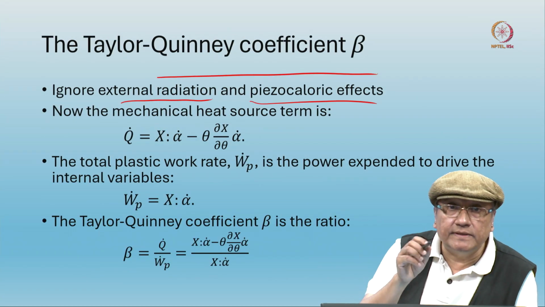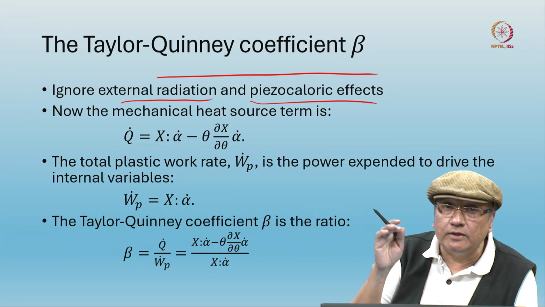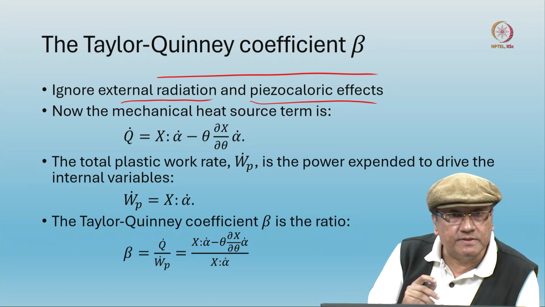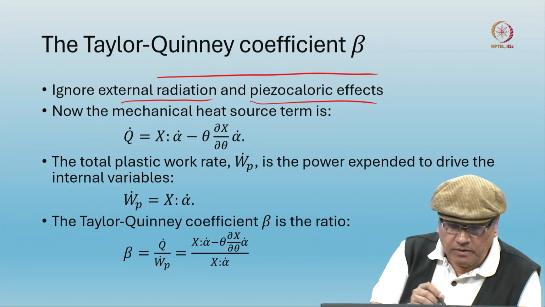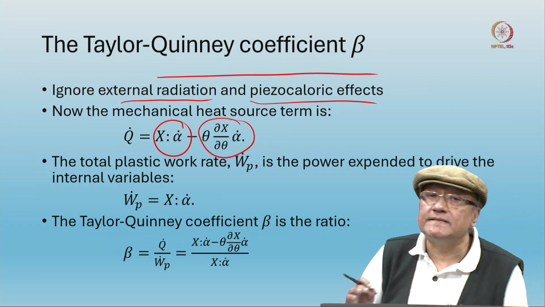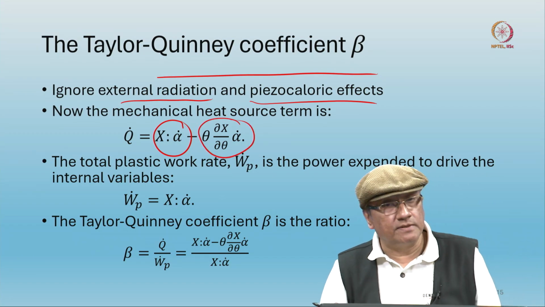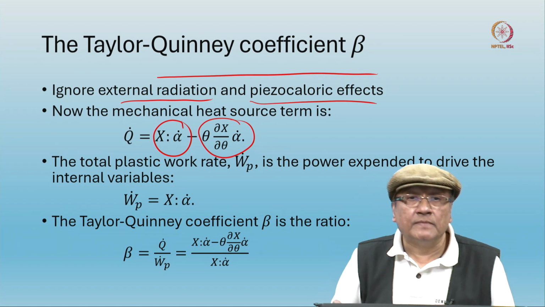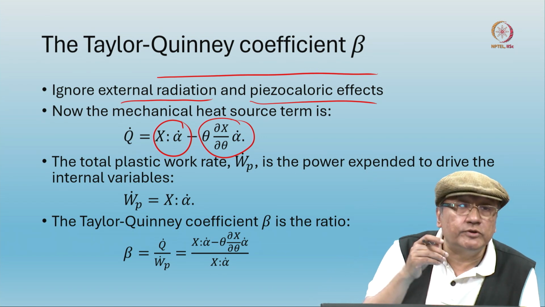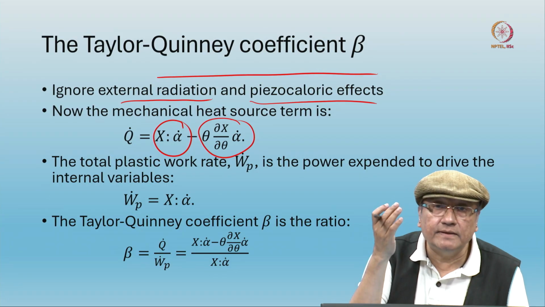So if you ignore the piezo-caloric effect, there are only two source terms: one is the total plastic work and the other is the thermoplastic effect. These are the two source terms in the heat equation. Therefore, this must be equal to Q dot, where Q is the heat.